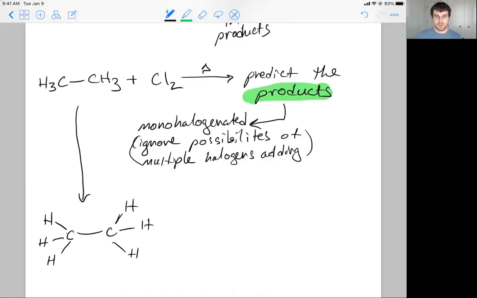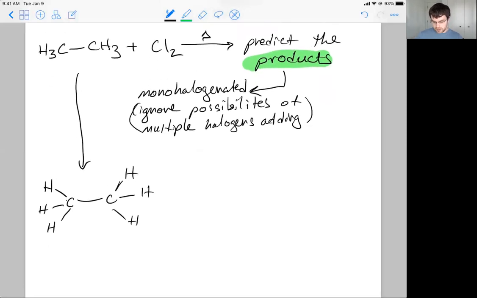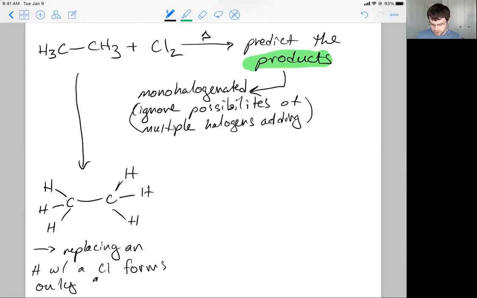and wedges and dashes usually don't matter too much, but without them, what I want to notice right away is that replacing an H with a Cl forms only one unique product. So this is a nice example to start with because we're only going to have one product.